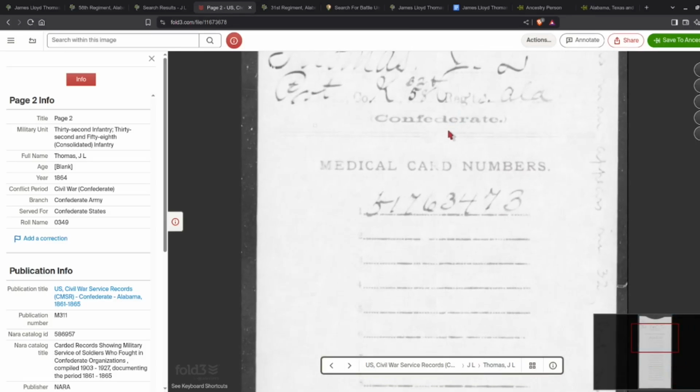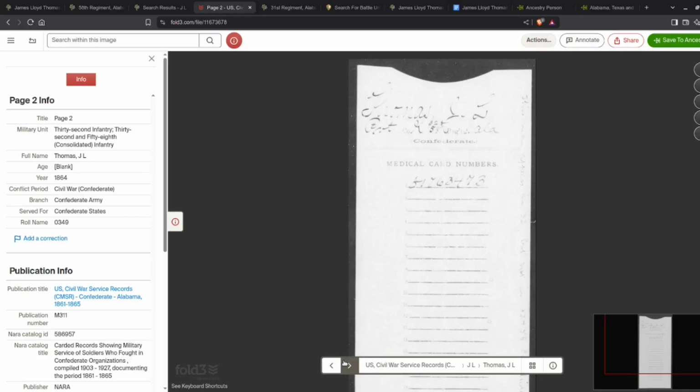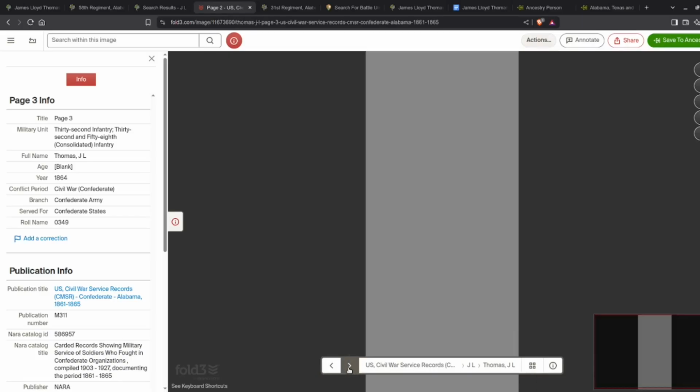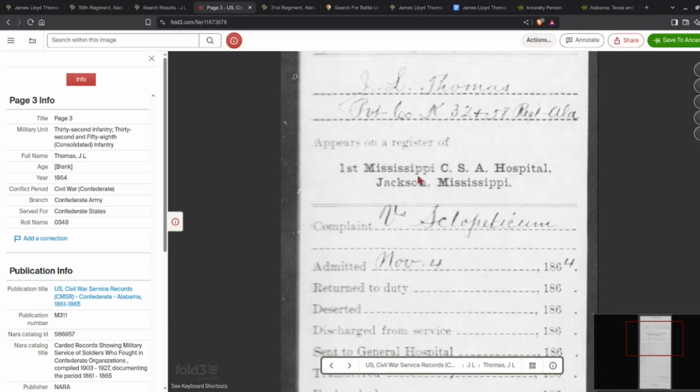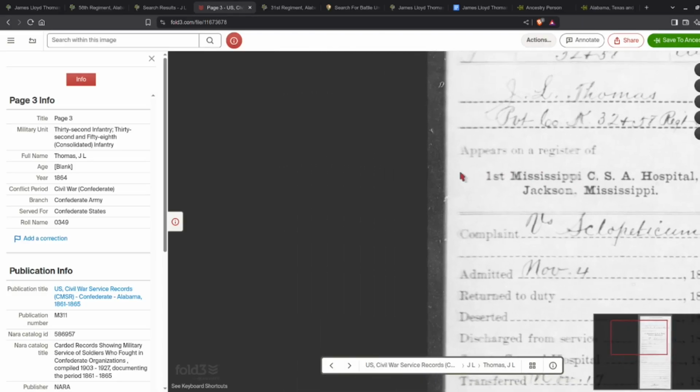And on the medical card, there's a reference number. And here it is. Complaint. I'm not sure what that is, but it says on November 4th, 1864, he was admitted to the Jackson, Mississippi hospital.